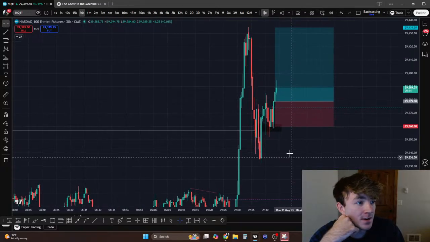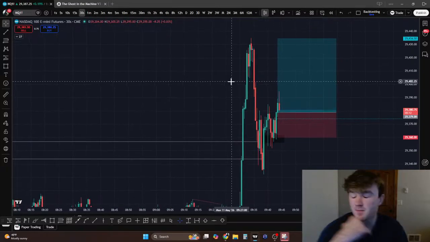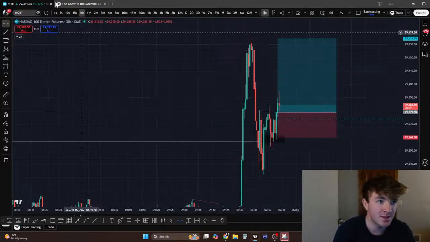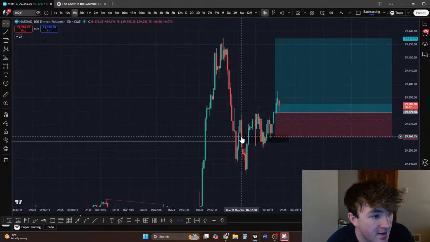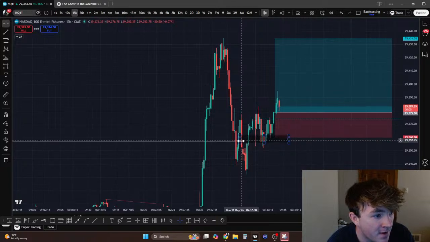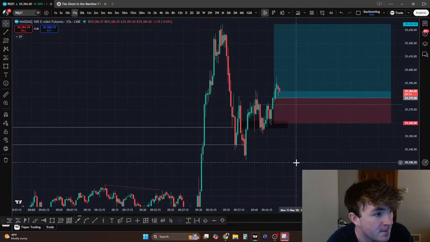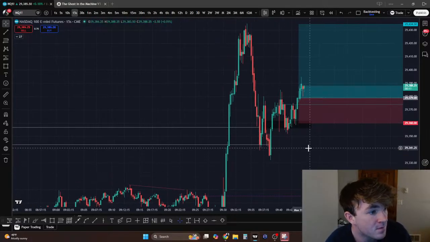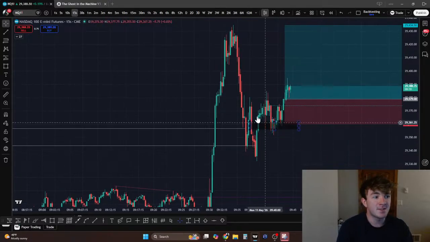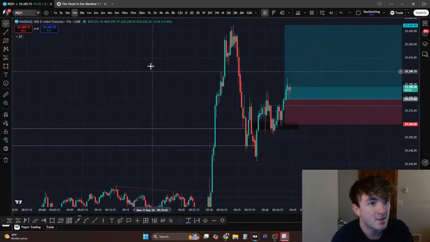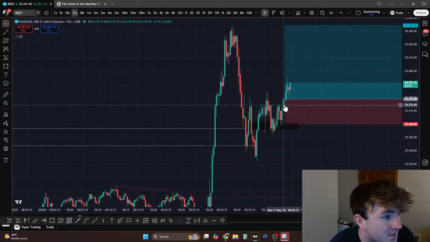Meaning of BPR: overlapping fair value gaps. In this case, we have a fair value gap on the sell side and a fair value gap on the buy side. The overlapping area is the BPR. Kind of feels like a 2022 model here on the 15-second, with this being a 2022 gap.